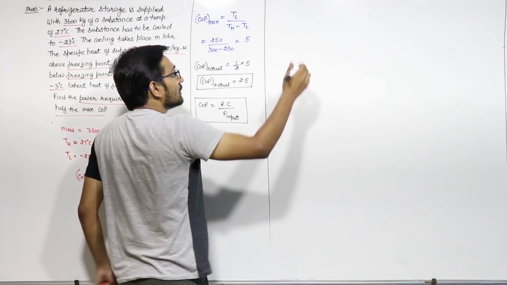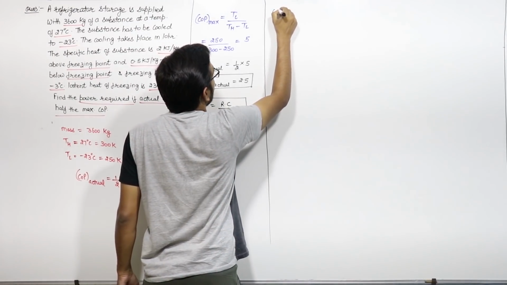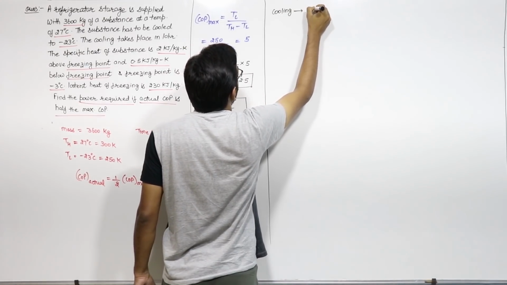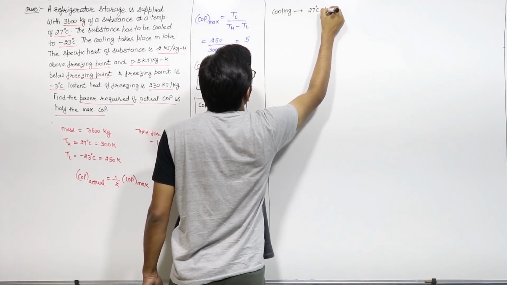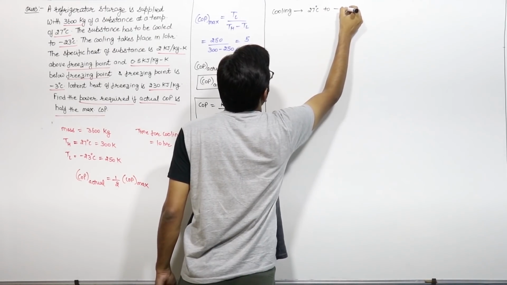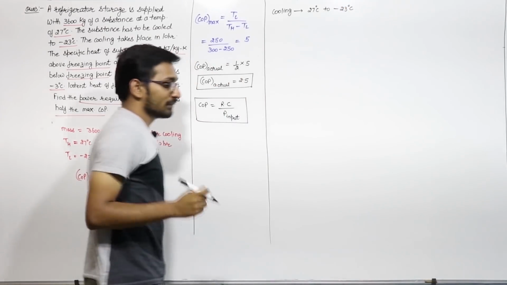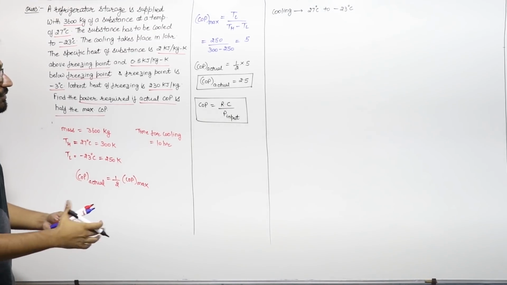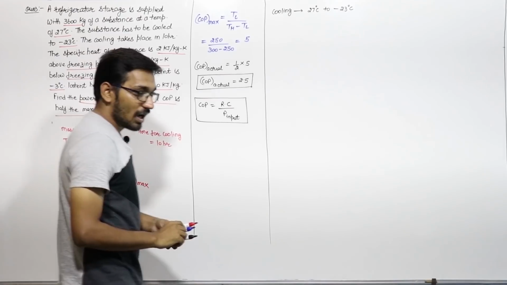So if we talk about the cooling, we have to do the cooling from 27 degrees Celsius to minus 23 degrees Celsius. This we have to do in some stages. How?